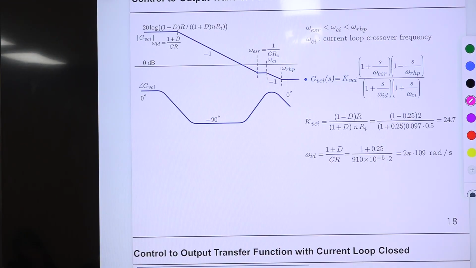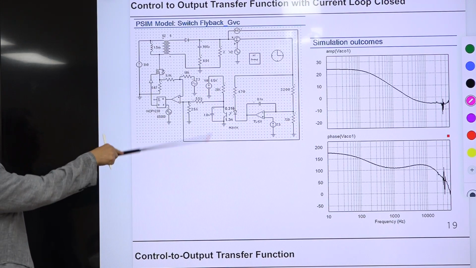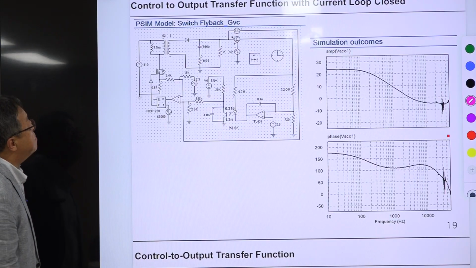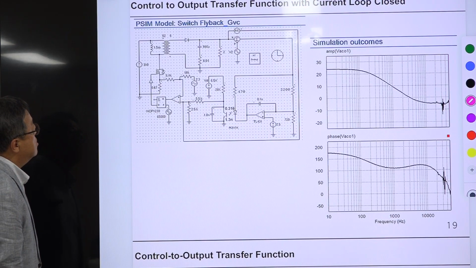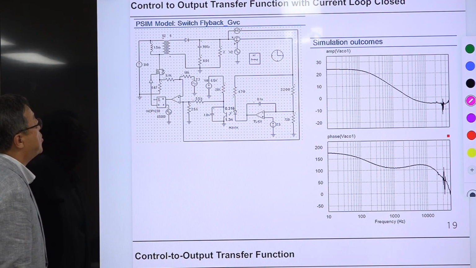Okay, so we determined everything, and we want to simulate this one. This is the PSIM setup. This is the computational method for evaluating this control to output transfer function with current loop closed.